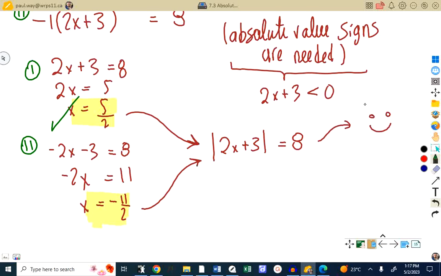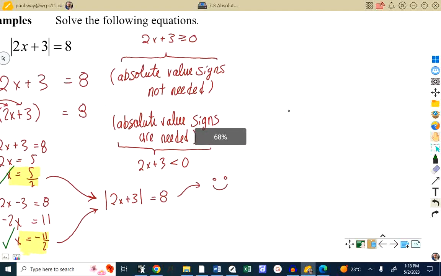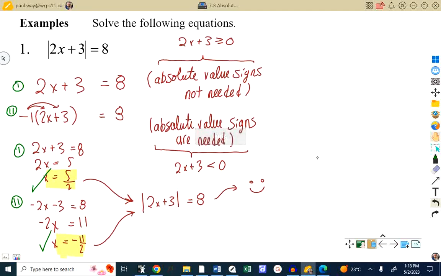So you're done. I don't think that's worth full marks, though. Because what you really want to be able to do is demonstrate to me that those are the solutions because they're in the proper domain. So I'm going to go back now and talk about this bit of business here where it says the absolute value signs are not needed because 2x plus 3 is greater than or equal to 0.